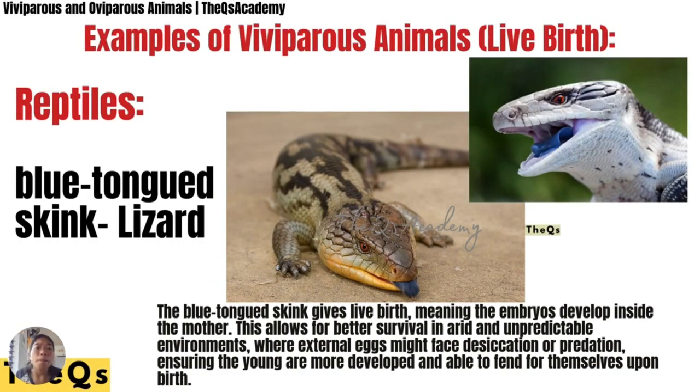We have also blue-tongued skink lizards. Common lizards are oviparous because they lay eggs, but the blue-tongued skink lizard is viviparous. Their embryos develop inside the mother's body.